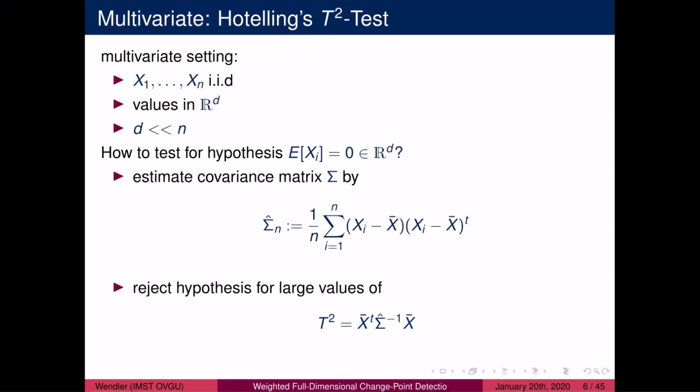You get a test statistic, which I call T-square, because it's similar to the t-square we had before, and also because it's called Hotelling's T-square test statistic. You see, multivariate data is not so much different from univariate data. The test statistic is basically the same, only involving some matrix multiplication.